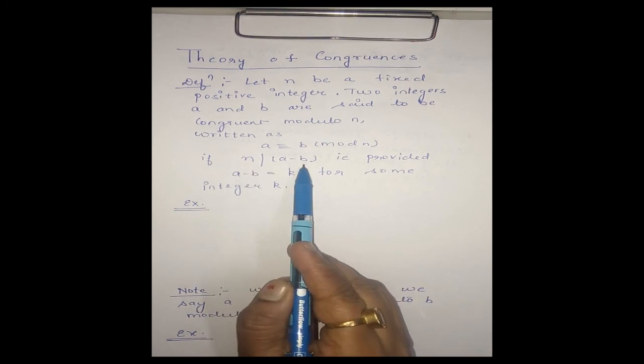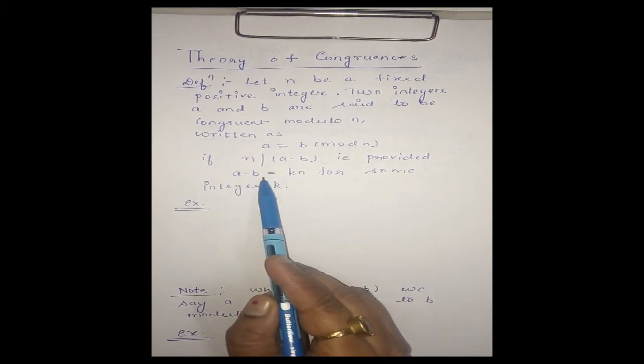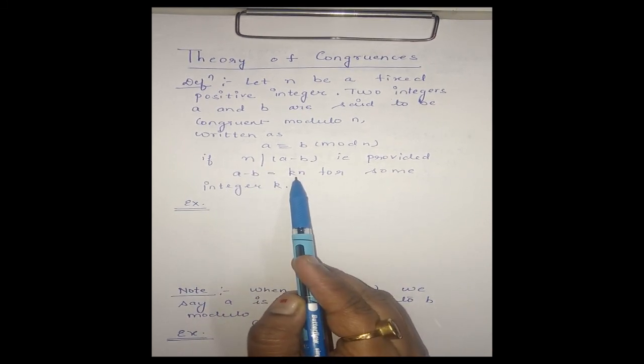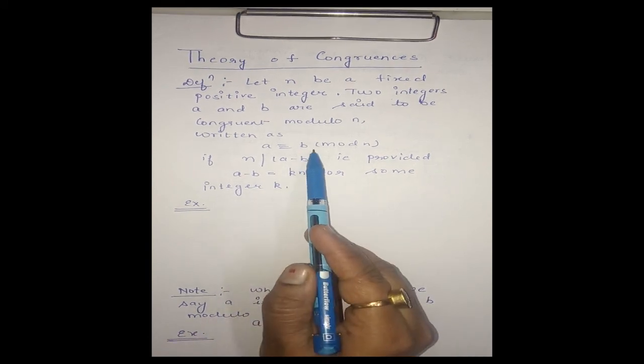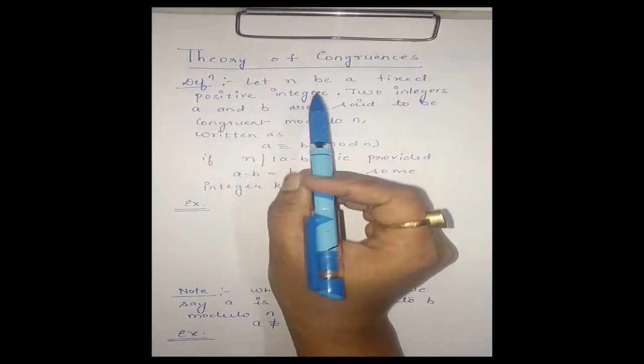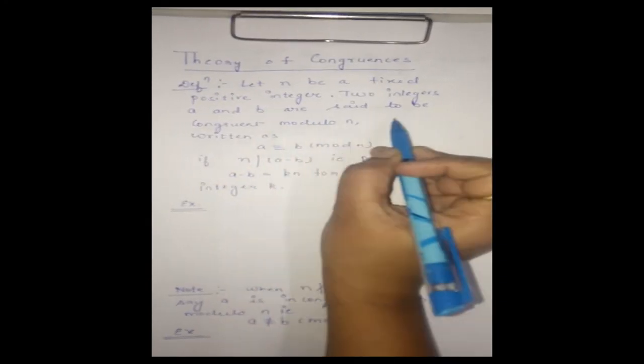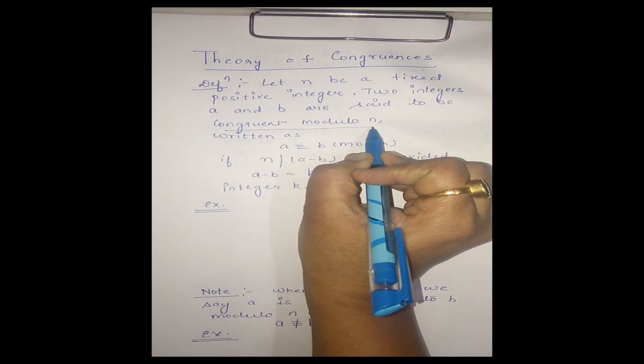And by the definition of division, that is provided a minus b is equal to k times n for some integer k. If this condition holds, then we say a and b are congruent modulo n.